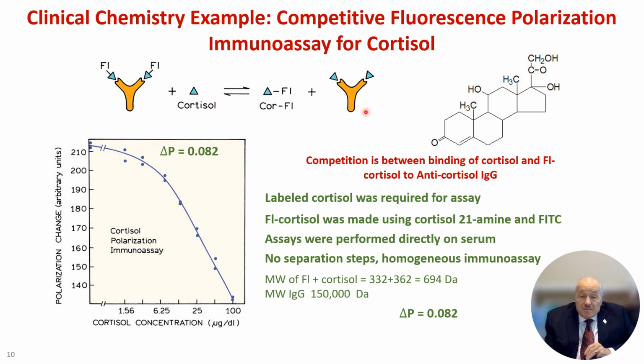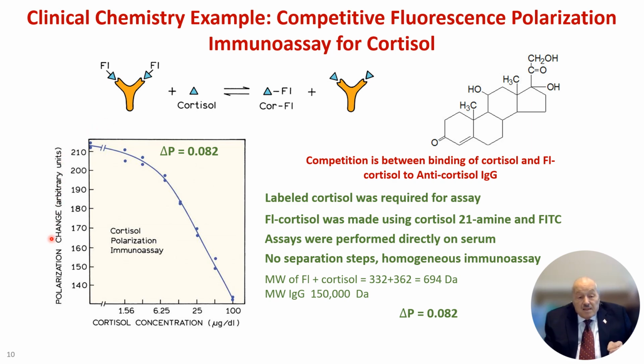Here's an example of a very simple competitive polarization immunoassay. Here we have cortisol, and we have fluorescent labeled cortisol. And the goal here is to measure how much cortisol is in the sample, not how much labeled cortisol is in the sample.